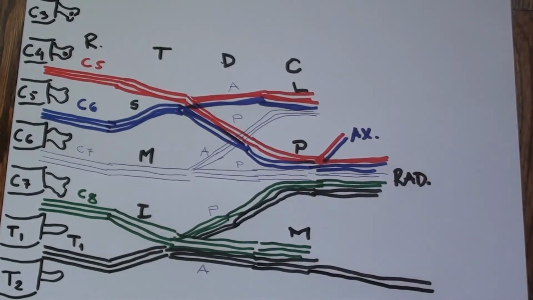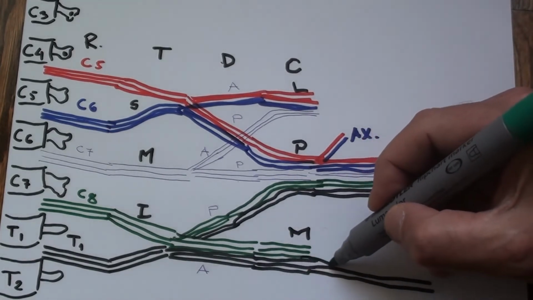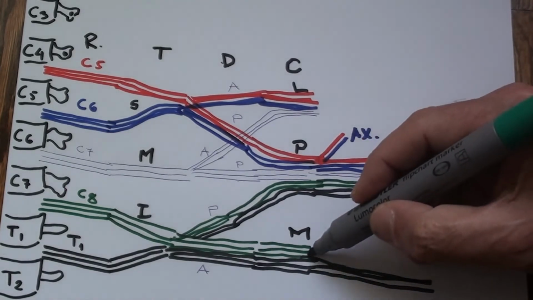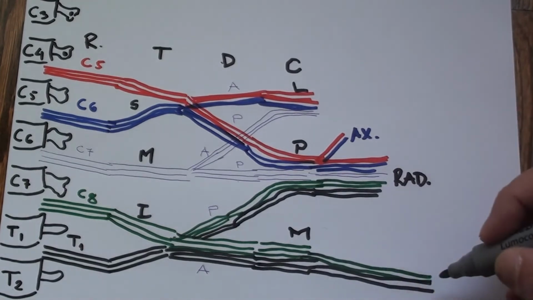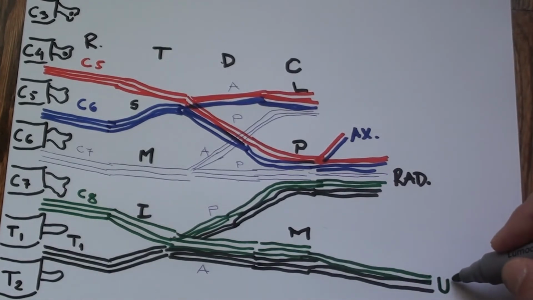Let's use 2 that are black, and let's use 2 green colors to put a nerve, which is the ulnar nerve, carrying only fibers of C8 and T1. So ulnar nerve is the direct branch of the medial cord of the brachial plexus.